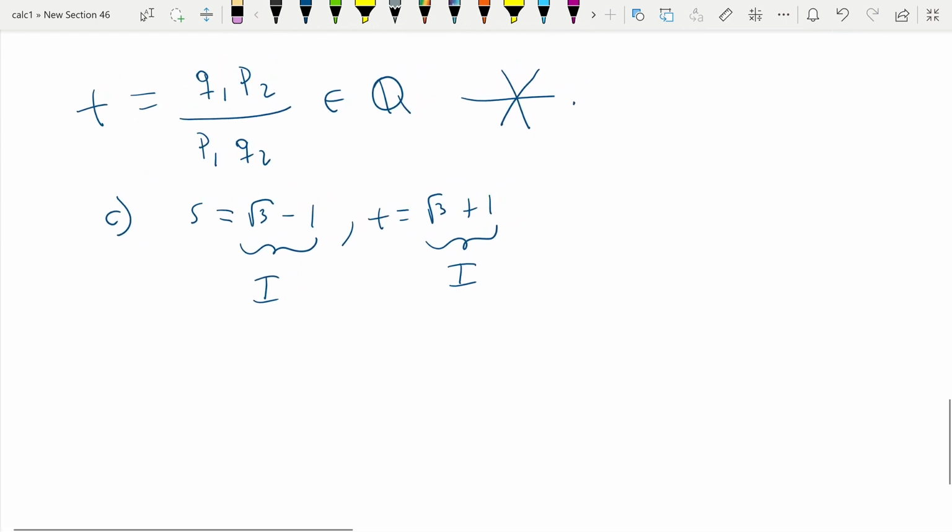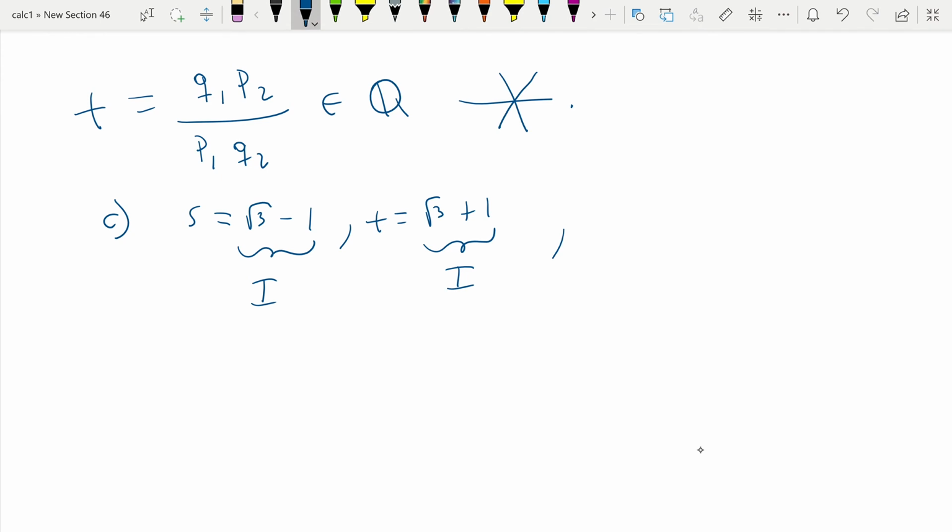So what now? S plus T is equal to the square root of 3 minus 1 plus the square root of 3 plus 1. The ones of course cancel out and you get 2 times the square root of 3. But this is a rational number again. 2 is an integer, so it's in particular a rational number. And this is an irrational number.